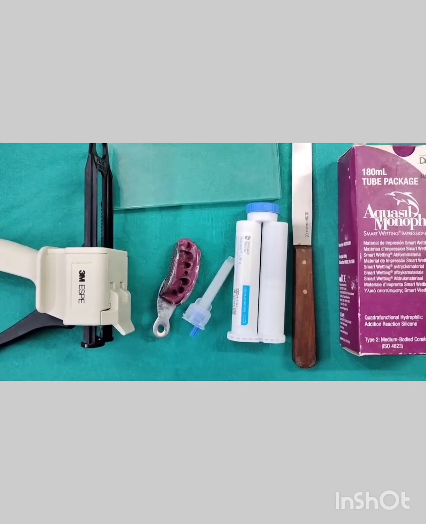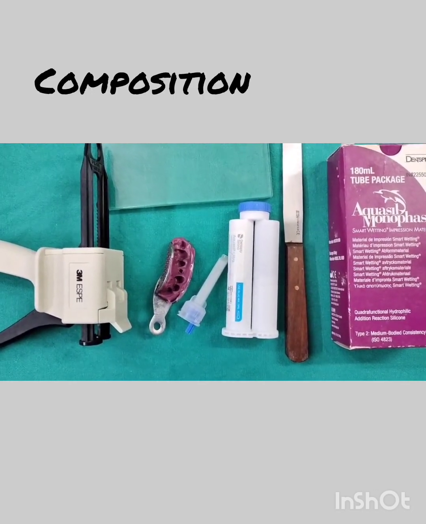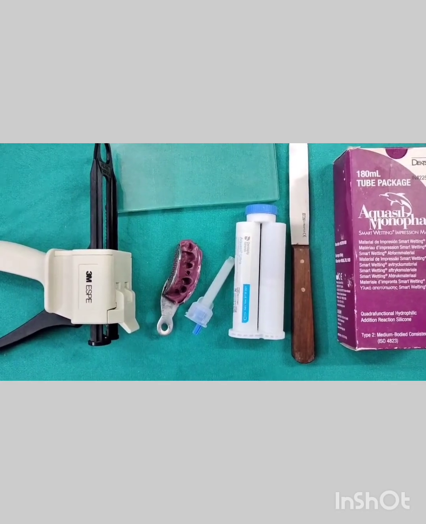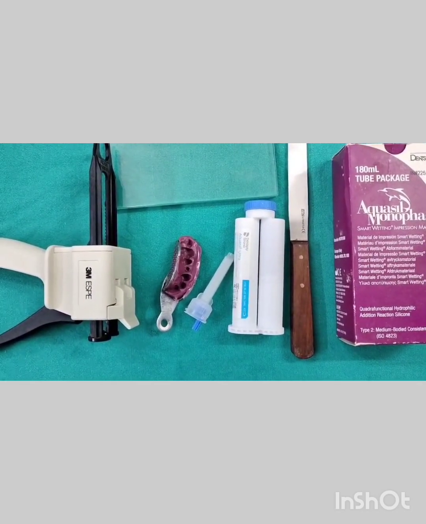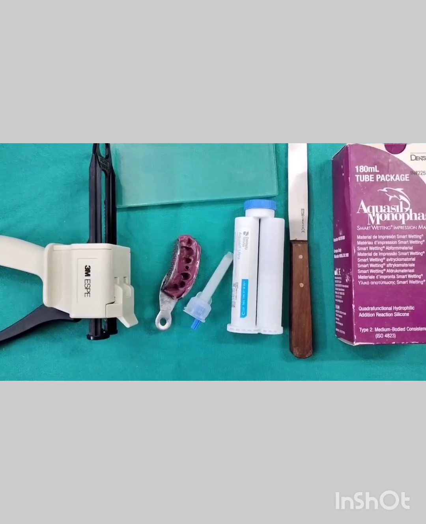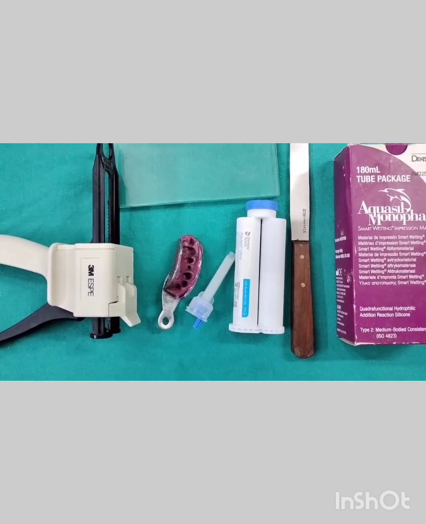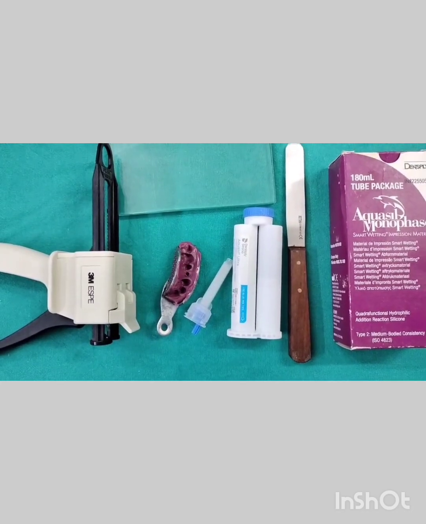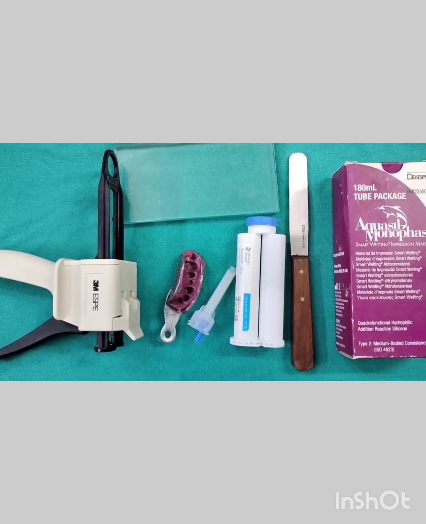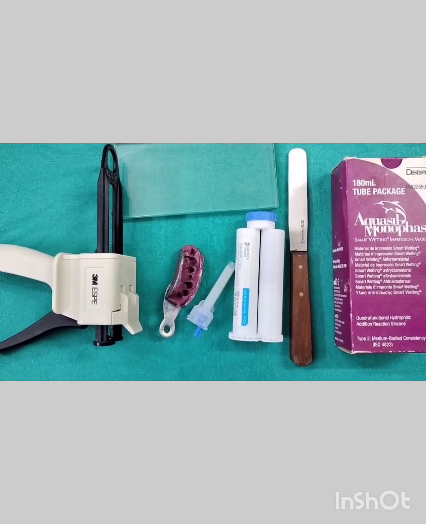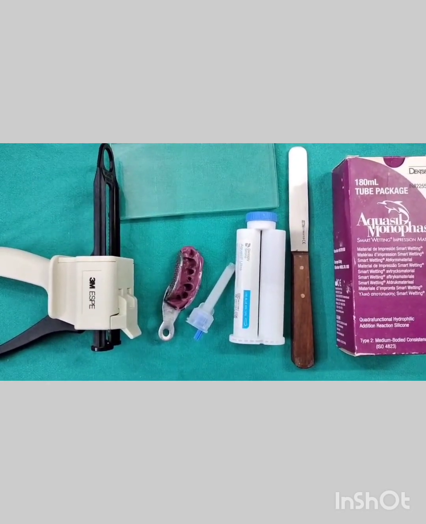The base paste consists of polyether polymers, which have moderately low molecular weight, and they undergo cross-linking to form rubber. The accelerator paste mostly has aromatic sulfonate esters, which act as cross-linking agents, and both contain fillers and plasticizers, and the accelerator paste also contains a retarder.